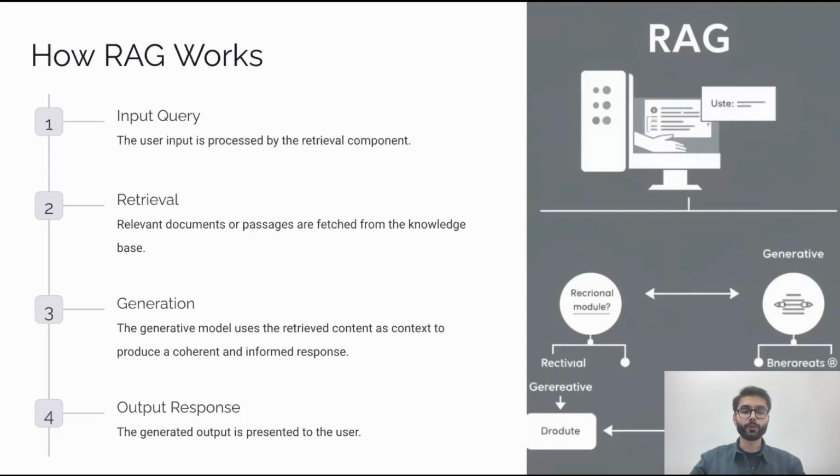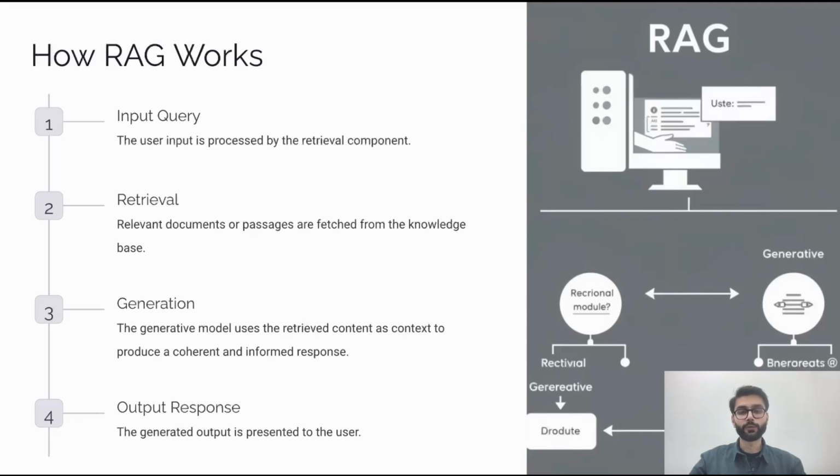Let's say you have a database in which you have some PDF files, some Word files, and your SQL database that is attached to that particular document. If you want the answers to be taken from that database or document, it has to be retrieved from there.